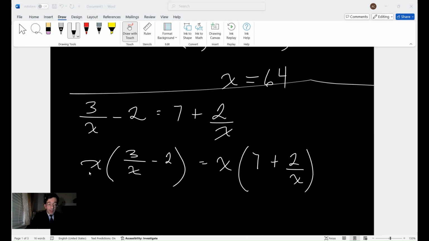All right? Now, we expand both sides here, right? So we have 3x over x minus 2x equals 7x plus 2x over x. So now your equation looks like 3 minus 2x, and that's going to equal 7x plus 2.